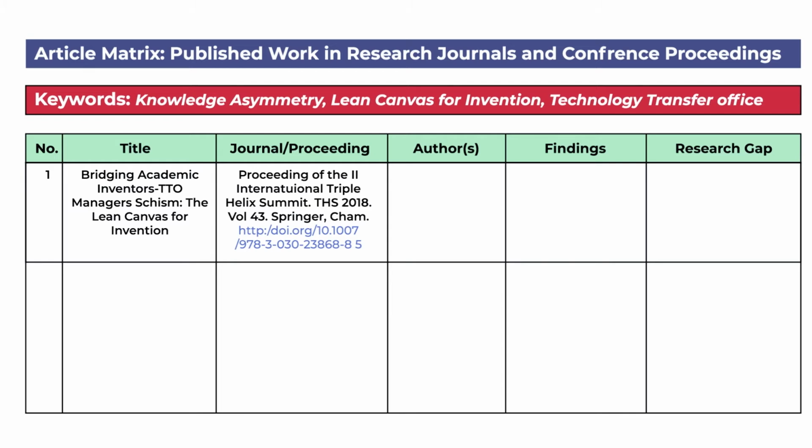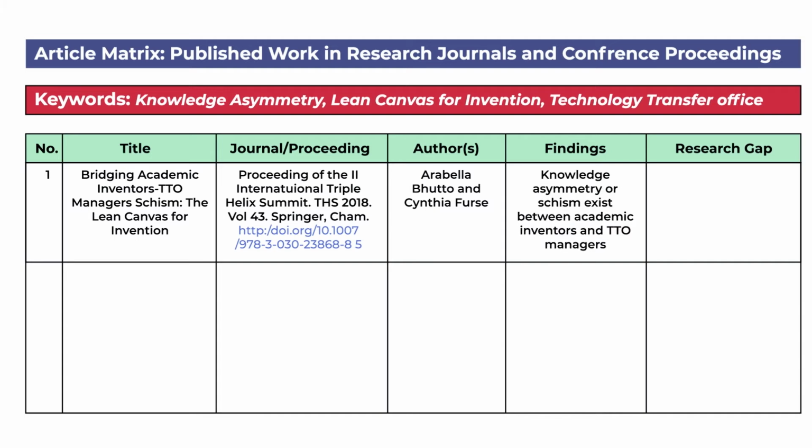The paper was published by Dr. Arabella and Cynthia First, so their names can be written in the column. It is then followed by findings, which clearly say that at the moment no mechanism exists. So it was very much required to propose a mechanism through which this knowledge asymmetry, or gap, or schism between the academic inventor and the TTO managers can be bridged. That was highlighted in the research gap, and it was answered by proposing a new canvas for the literature named Lean Canvas for Invention.